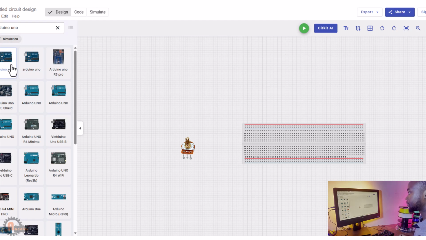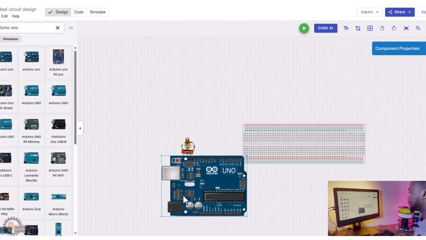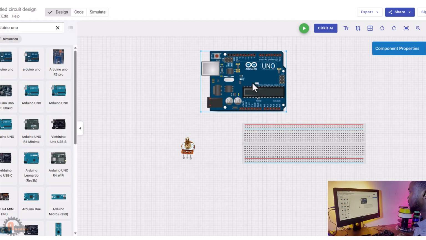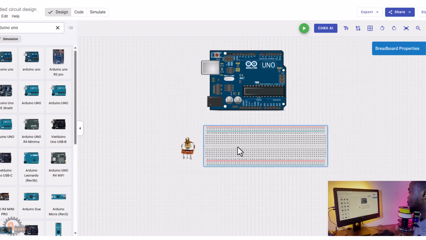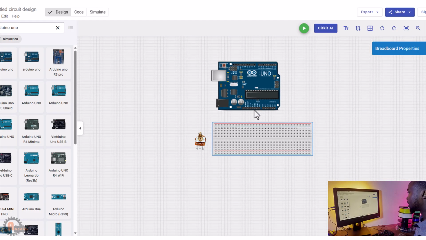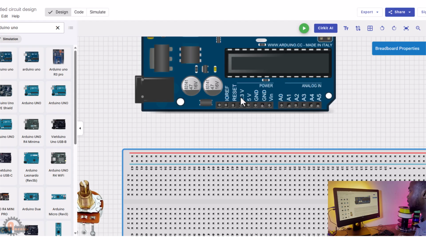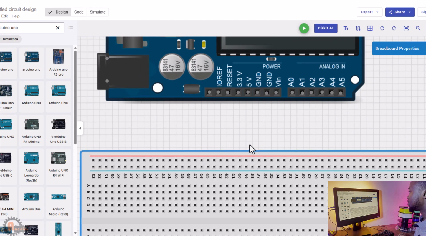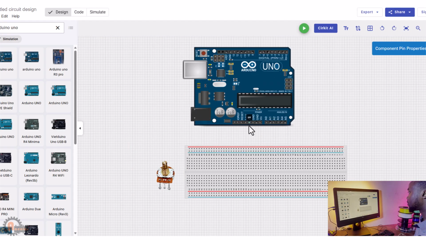Yeah, this is it. So again, we are all aware that there's a 5 volt power supply on the Arduino board. So let me just grab 5 volts from the Arduino board and connect it to VCC.